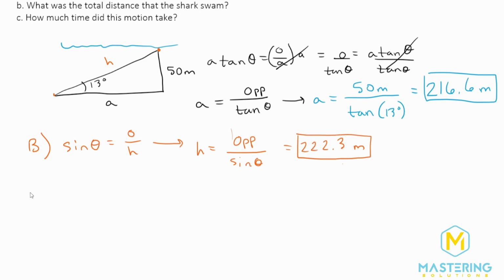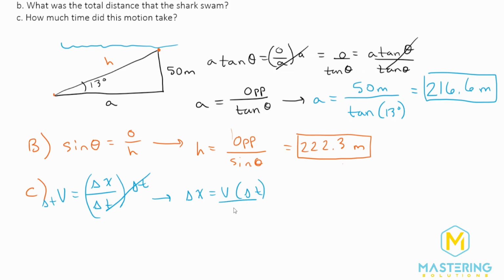And now the last one for part C, we need to find the total time that it took. So to use that, we'll be using the velocity equation. So velocity is equal to the change in the distance divided by the change in time. We want time, so let's isolate that by multiplying both sides of the equation by time, and that gives us delta x is equal to v times delta t.